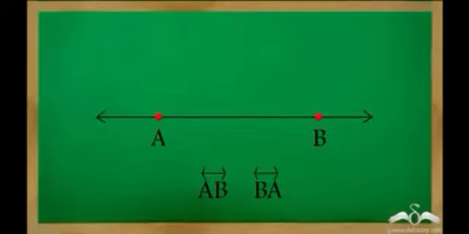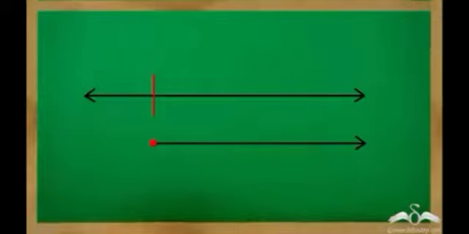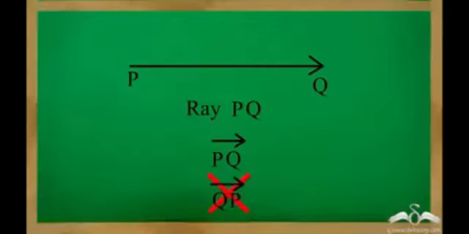Here you note that a line AB is denoted by the symbol AB or BA, and a line segment AB is denoted by the symbol AB or BA, and a ray is denoted by PQ but not QP, because it has got only one end point, that is P. That is why it is denoted as PQ but not QP.